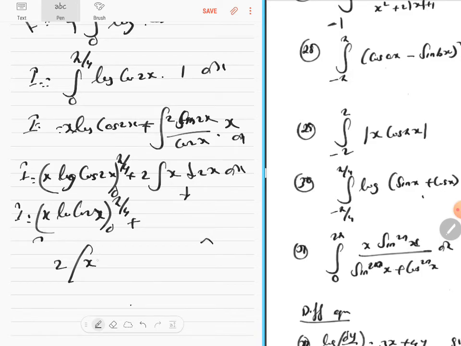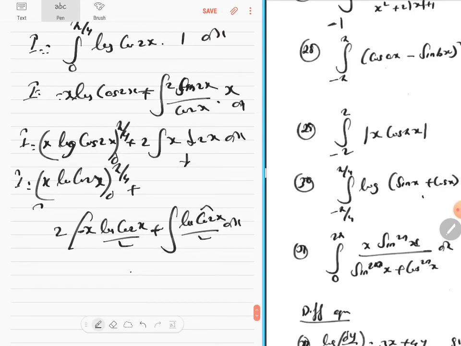is minus log of cos 2x by 2, minus big integration, x differentiation is 1, minus log of cos 2x by 2 into dx.